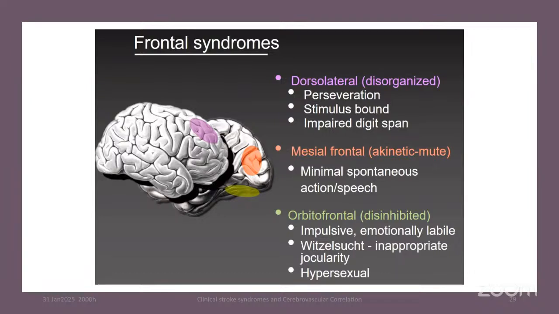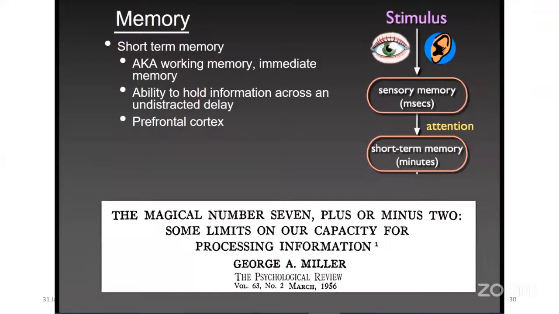So we have covered the arousal, the frontal syndromes, and now we'll go on to the memory. There are various types of classifications, but what I'm going to tell you in 2 slides is a very brief description of the memory. You have the iconic memory that is coming from the auditory input and the visual input, and also sensory memory. All these have buffers of milliseconds, and they go into the short-term memory for minutes.